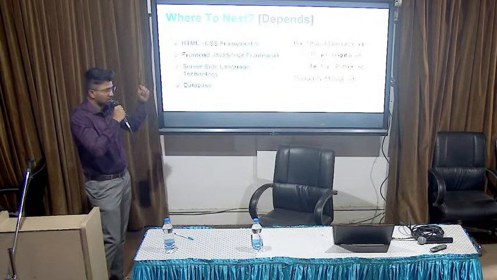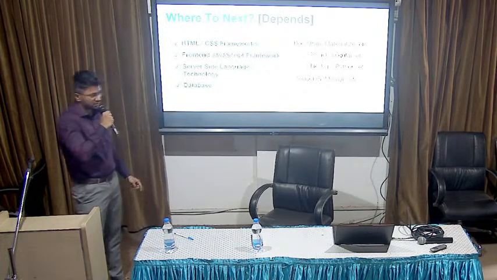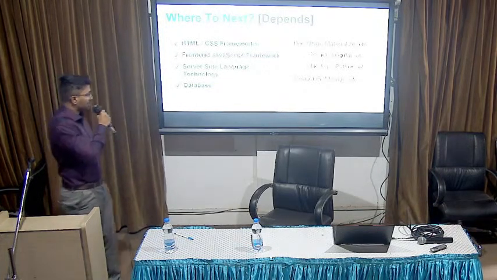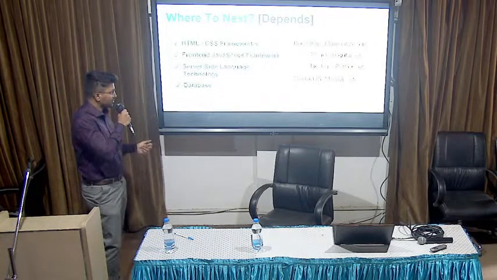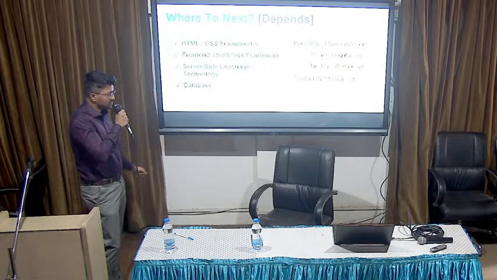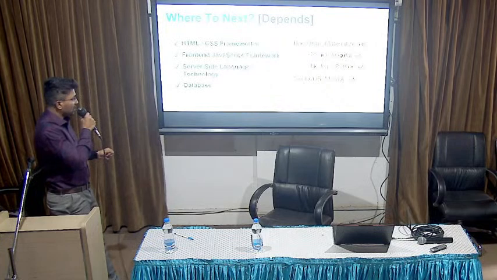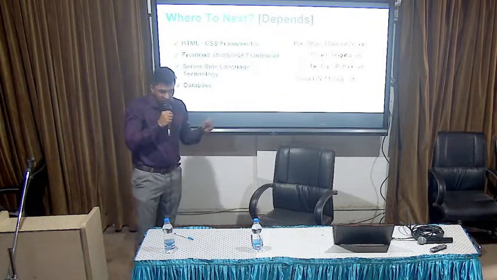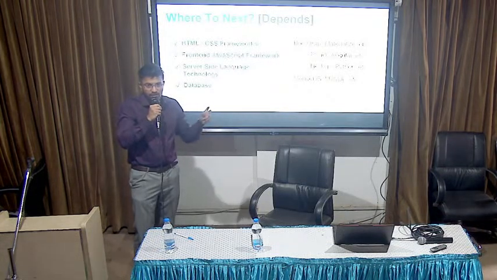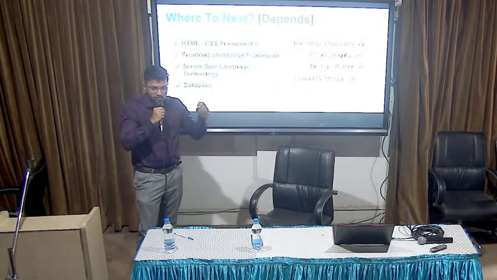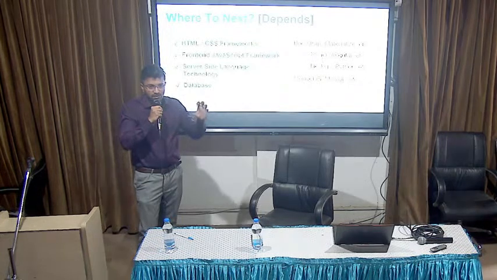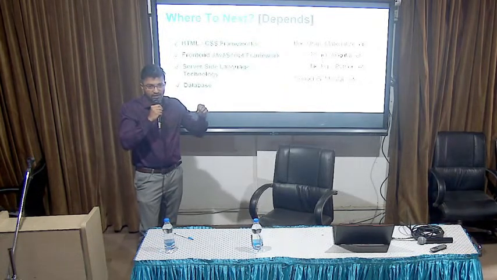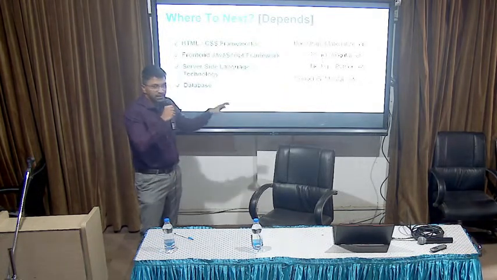MySQL is, I would say, a relational database, and then MongoDB is non-relational, wherein we don't have any foreign key. Basically it's a block of data where we can put things.